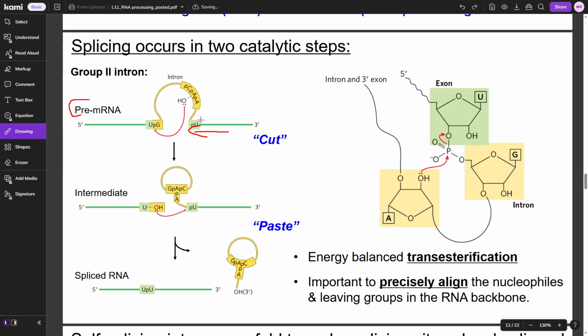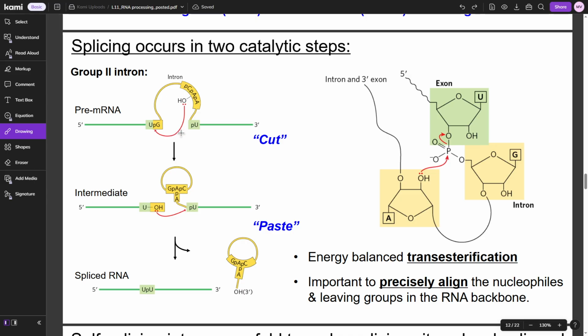This bubble allows one of the 2' OHs from the intron to get close enough to the other side of the intron that this OH is able to attack one of the phosphates in the backbone of this mRNA.